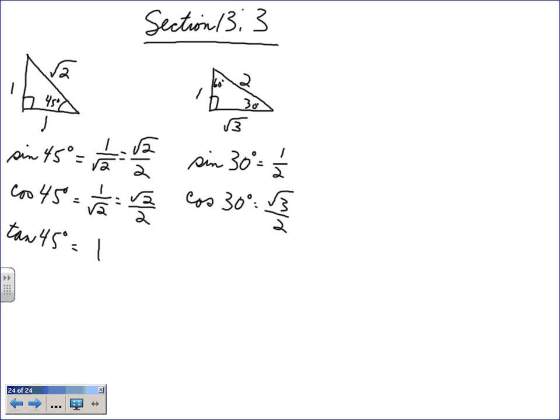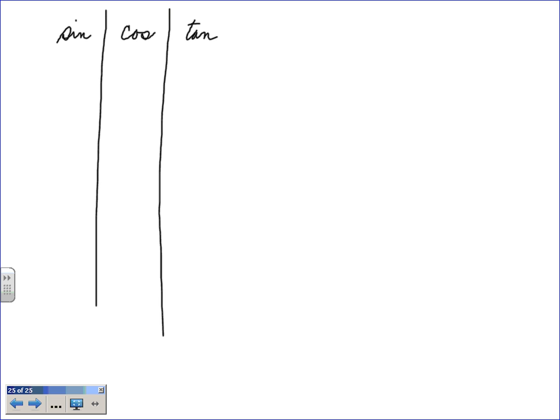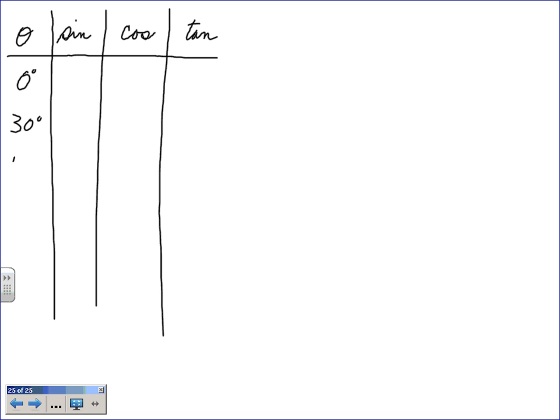And what we're going to do is we're going to make a chart for sine, cosine, and tangent. Here's our theta. Okay? Our special angles, 0, 30, 45, 60, and 90.